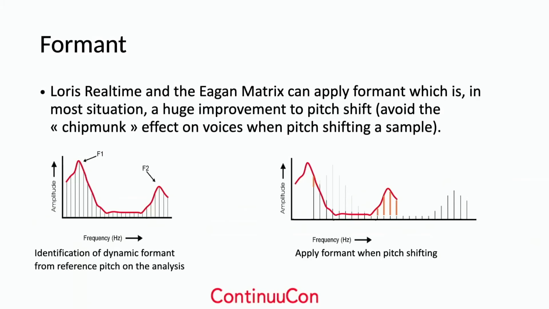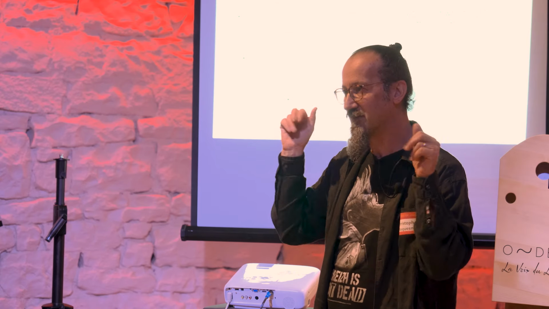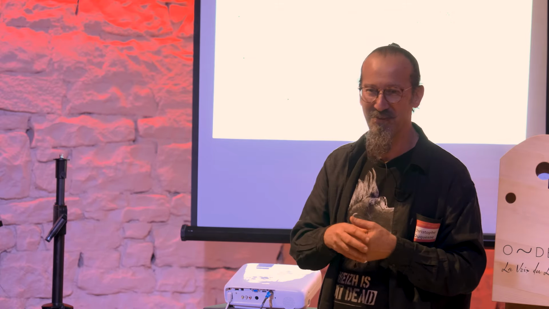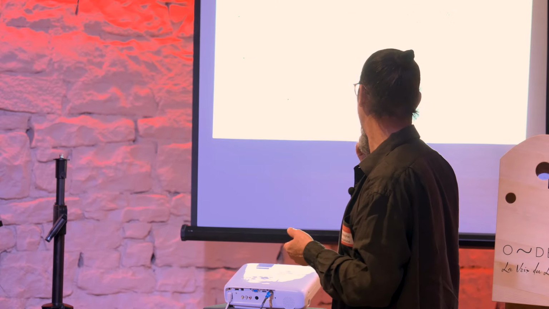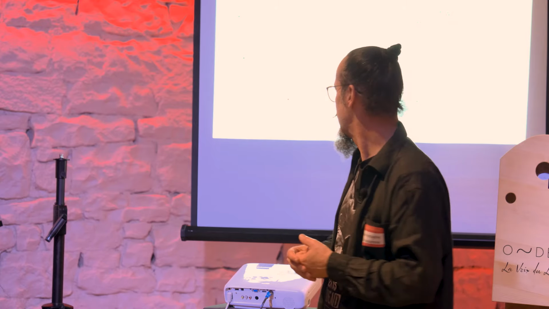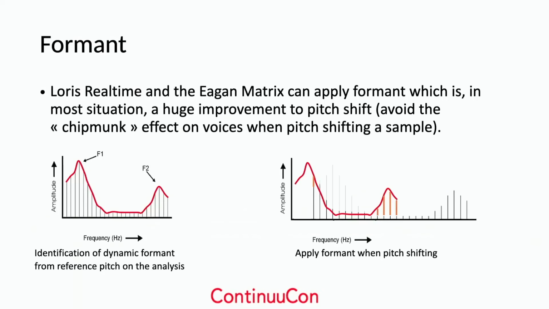Another thing which is important is that we manage formant. You know, when you transpose a sample, it has this weird pitchmonk effect on it, but managing the formant really avoids that. I will do a demo of it. Fully avoid that pitchmonk effect, and you can control also this formant.